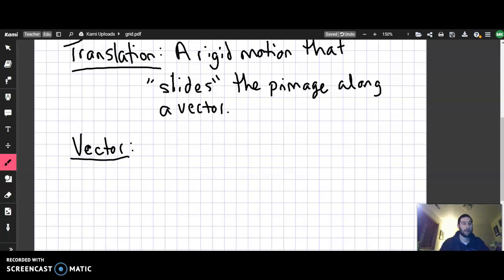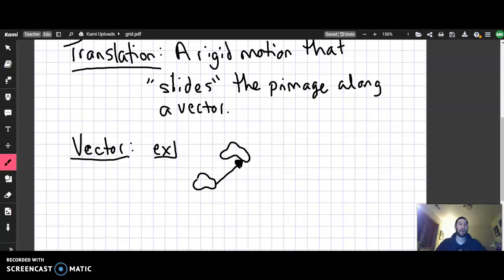And so, as an example, to help illustrate this first, if I have this shape right here, and I draw a vector, the direction that the arrow is pointing and the distance of the arrow tells me where the new shape is going to be. And so the new shape is going to be exactly where that arrow pops up. Pretend like those are exactly the same.